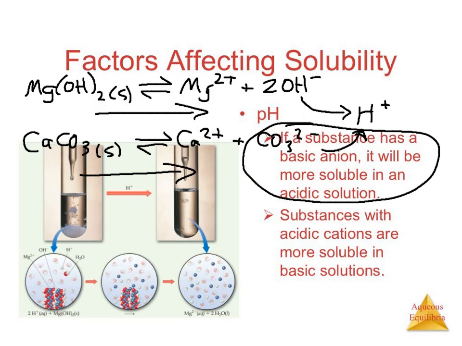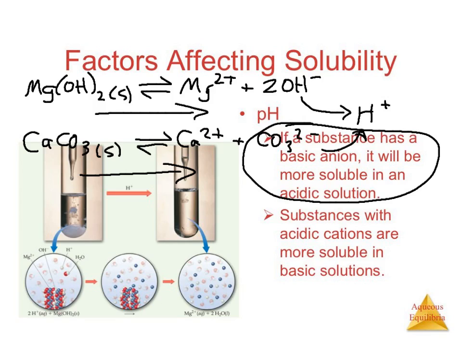An example of that, I'm trying to think of a good one here. Well, I think the one they talk about in the book maybe is aluminum hydroxide. Now, they really don't talk about the other way around.